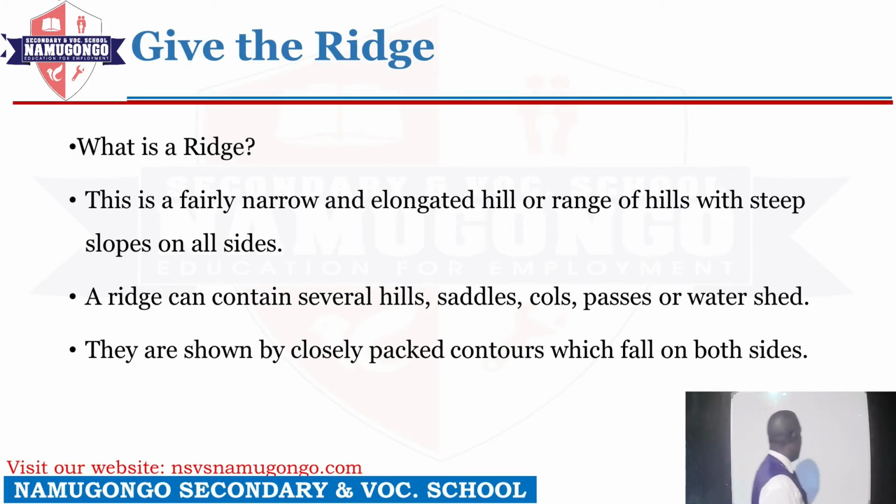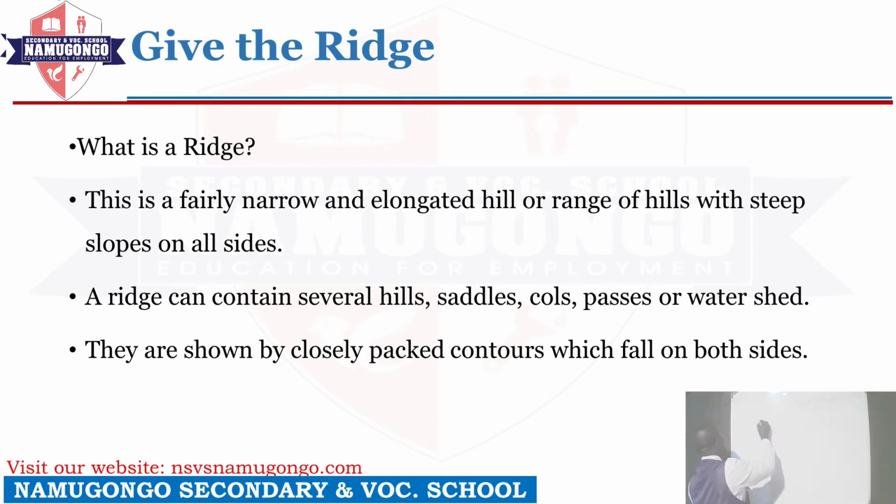Okay? One ridge. We said a ridge is a narrow and an elongated hill. It can be an upland. And therefore we are saying it can have several hills.